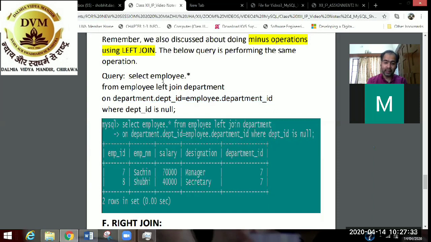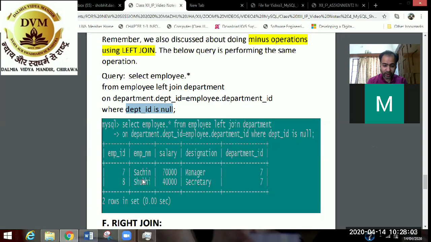Up till here, we have simply performed our normal left join. What should be done to convert it into the minus query is that where DPT ID is null should be added over here. So what happened? We have just said that only the department IDs which are returning null values should be shown in the output.